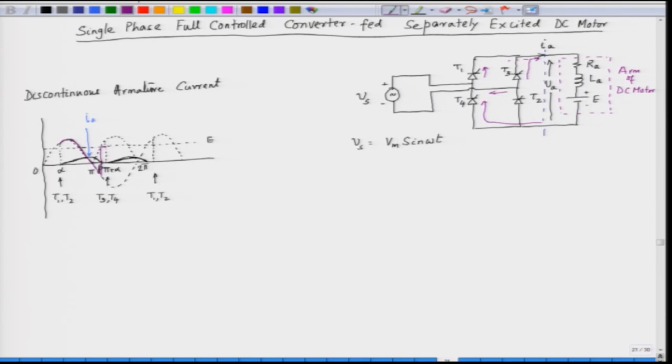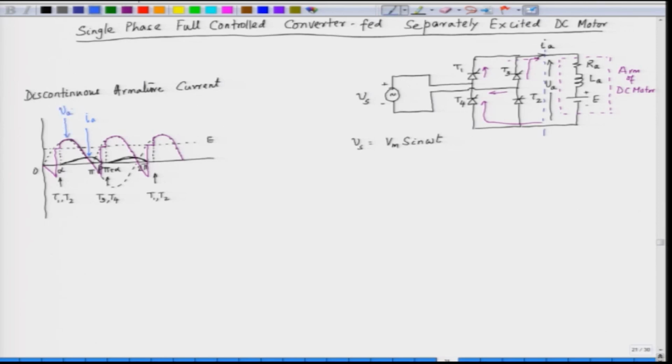This is the voltage which will be appearing across the load. This phenomenon is periodic, so the output voltage will look like this. Even here also the output voltage will have a similar pattern, because we have a periodic waveform. So, the output will be of this sort. This is the output voltage VA.